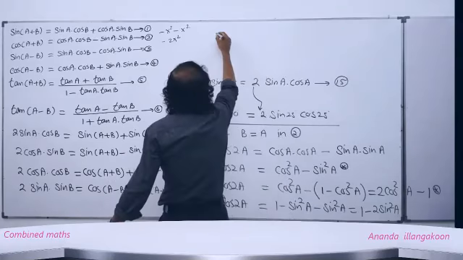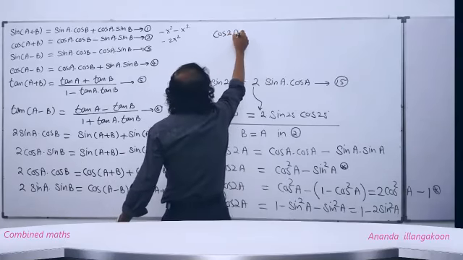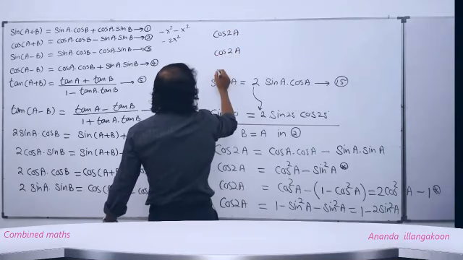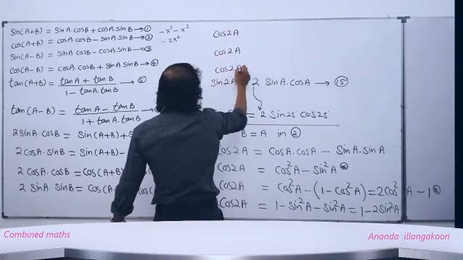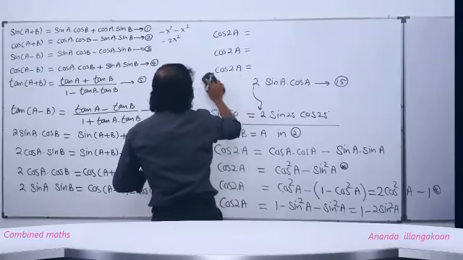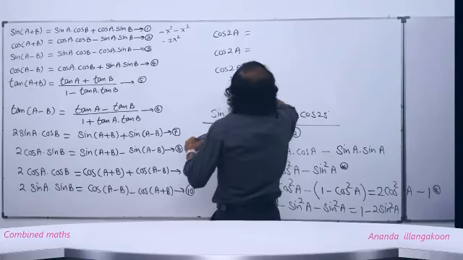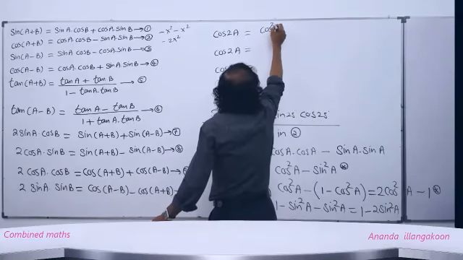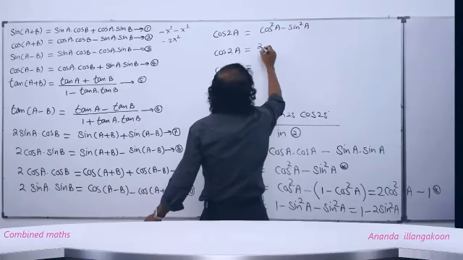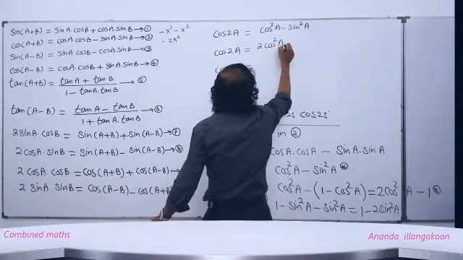Then we can write cos 2A equals cos squared A minus sine squared A. Next one, 2 cos squared A minus 1.